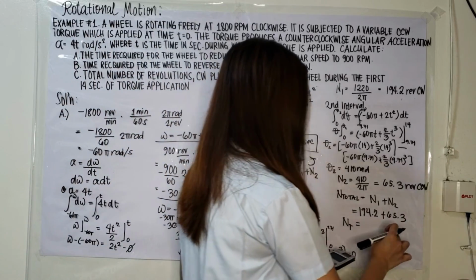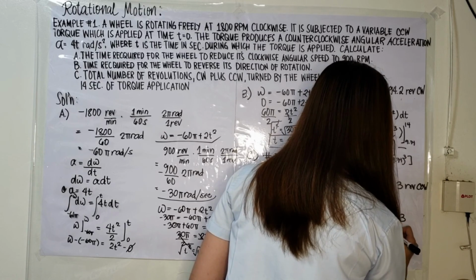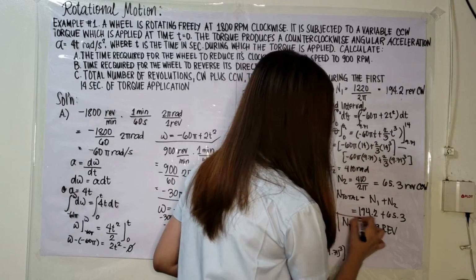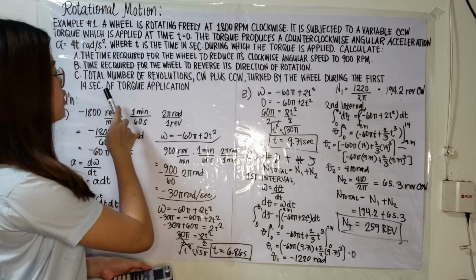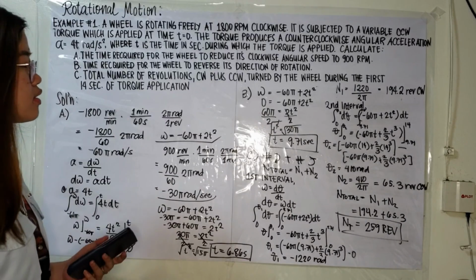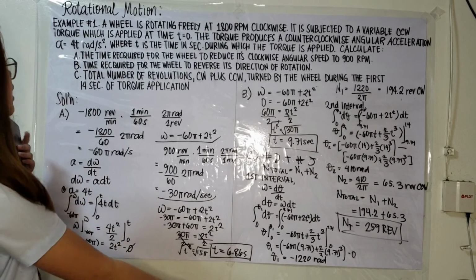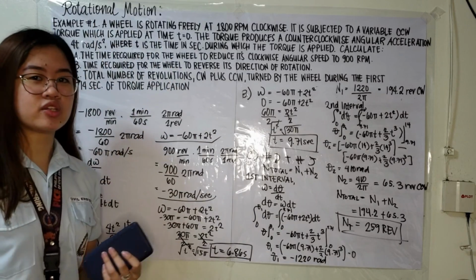We have 259 revolutions. So 259 revolutions is the total number of revolutions, clockwise plus counterclockwise. So this now concludes our example number 1 in rotational motion.